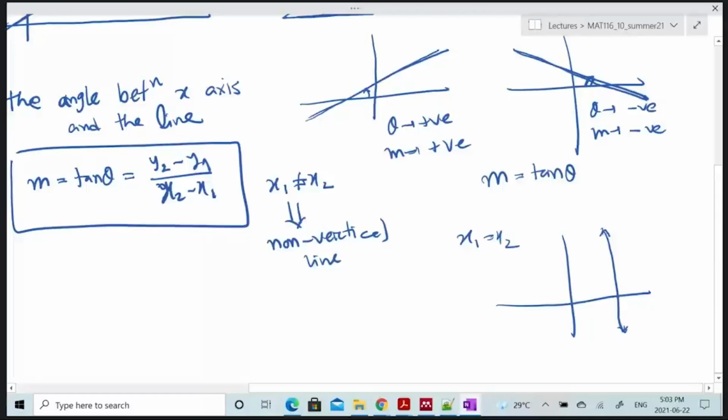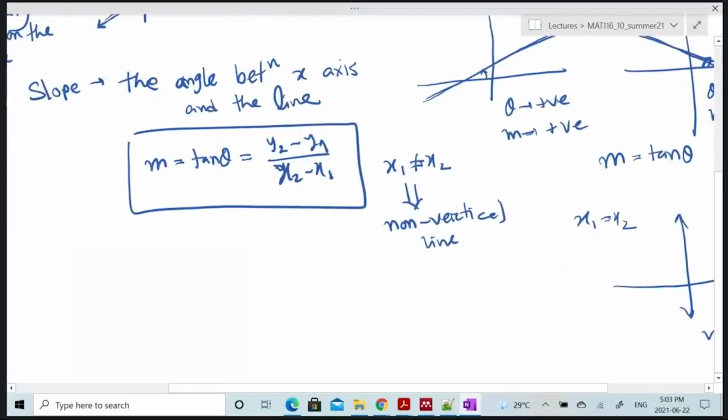So any line which is parallel to y-axis is called vertical line. And for vertical line, all the x values are the same. The y could change.